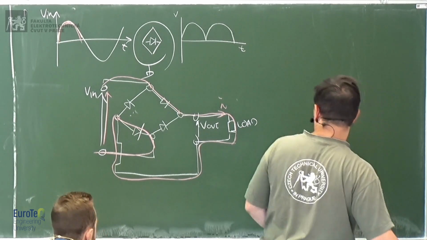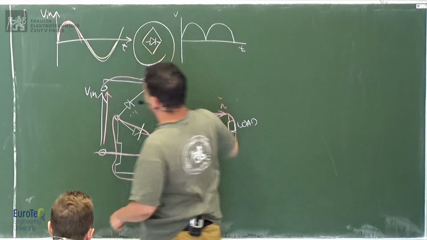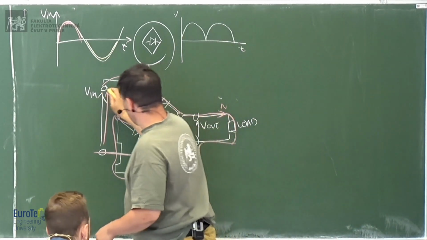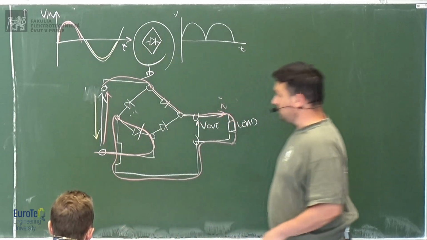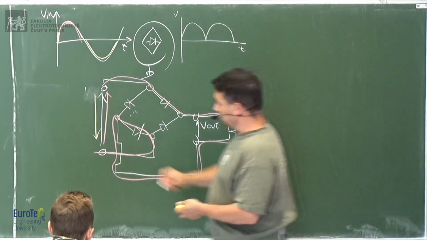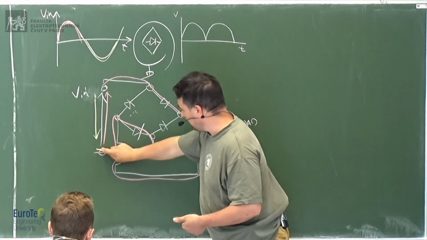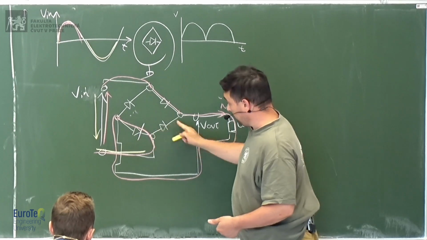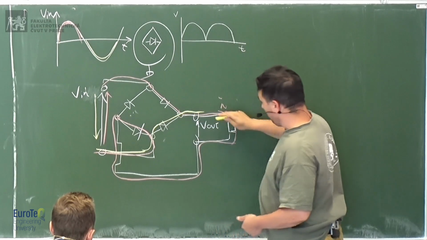Now what happens if we are in the negative half of the sine wave? In this case, the input voltage will be reversed. So the voltage gets from here. Then again, it cannot enter this side, so it must go this way. And look what?